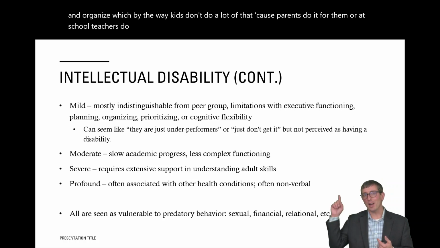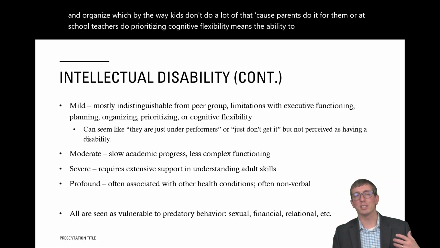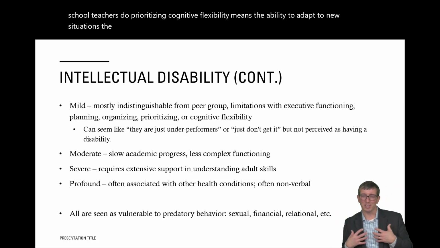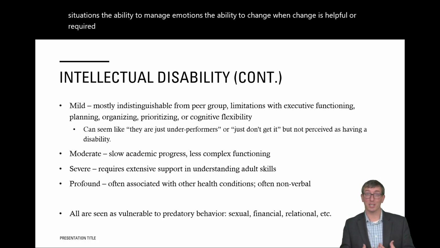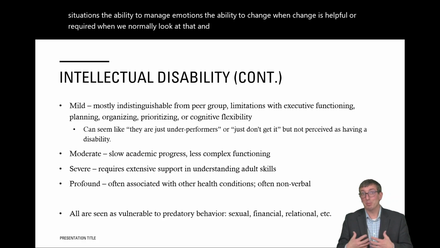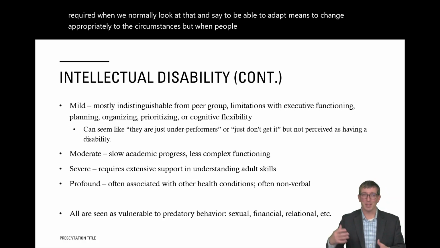Prioritizing. Cognitive flexibility means the ability to adapt to new situations, the ability to manage emotions, the ability to change when change is helpful or required. Normally, to be able to adapt means to change appropriately to the circumstances, but when people can't do that, that's what we're talking about here.